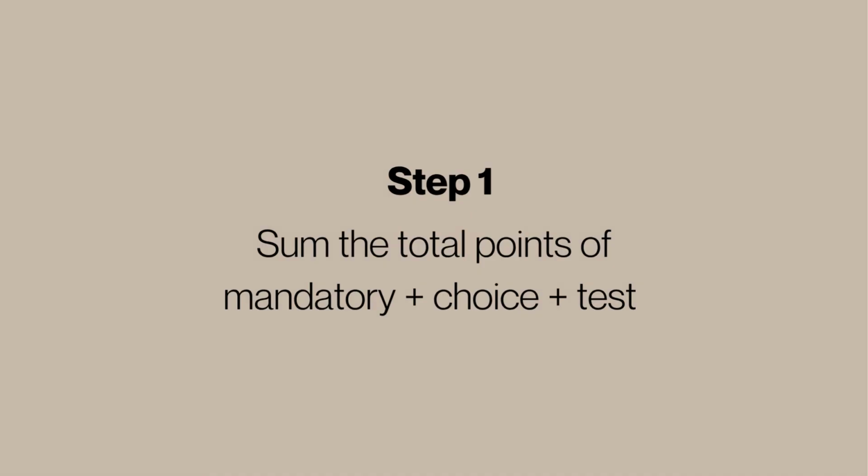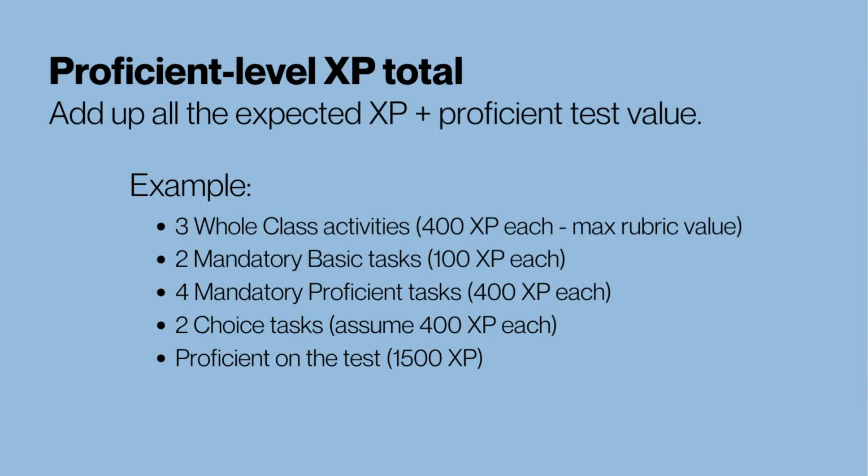The first thing you want to do is just find the total points of all the tasks you want them to do plus the proficient test value. So for example, let's say for your unit, you wanted students to do 3 whole class activities, 2 mandatory basic tasks, 4 mandatory proficient tasks, and then 2 choice tasks, plus the proficient test value.